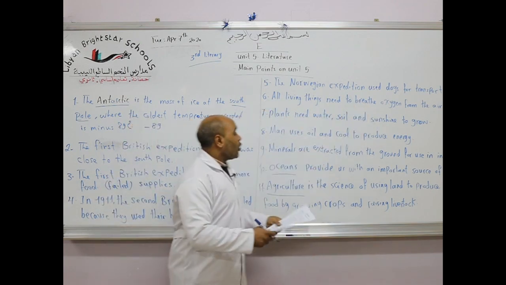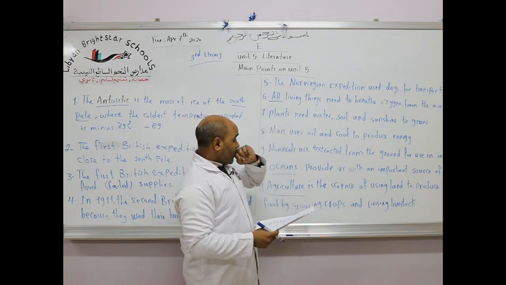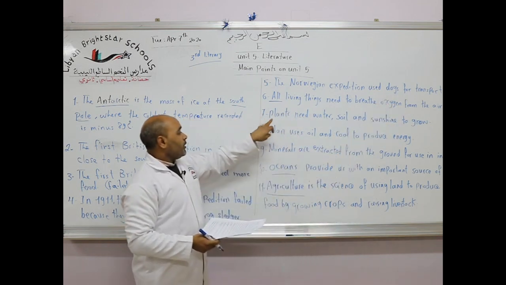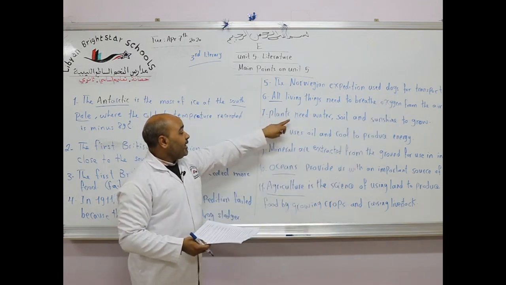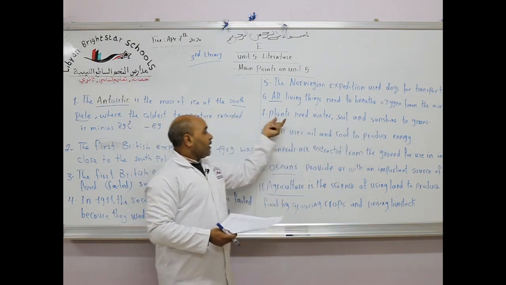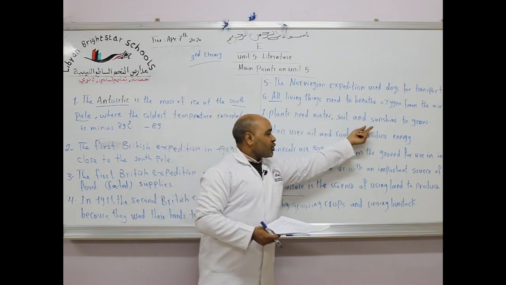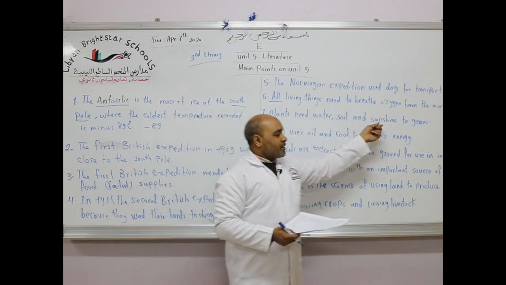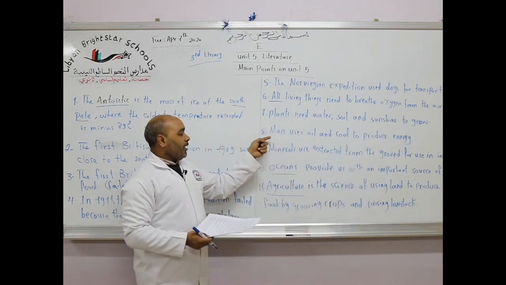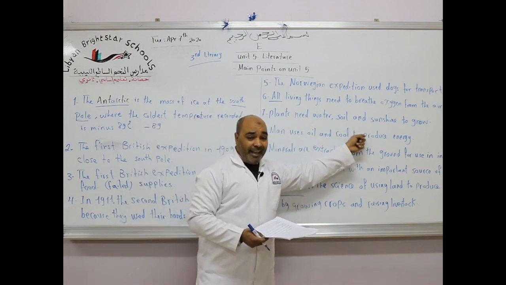Air is the hawa. Okay. 7, plants need water, soil and sunshine to grow. Soil is the earth and sunshine is the light of the sun, to grow.